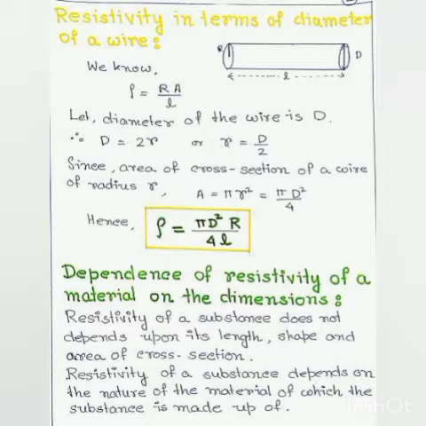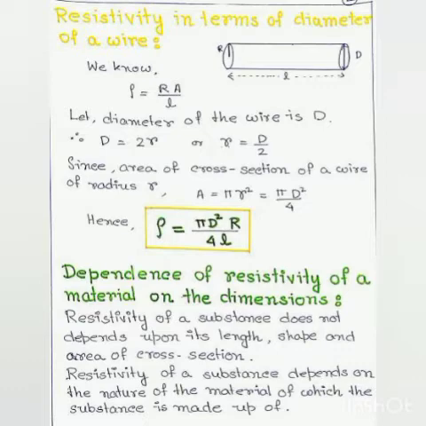So whatever be the size, shape of the substance, density will always be constant for a particular material. Like that, whatever be the length of the conductor, shape of the conductor or cross section of the conductor. For resistivity, we have to consider only unit volume of the conductor.